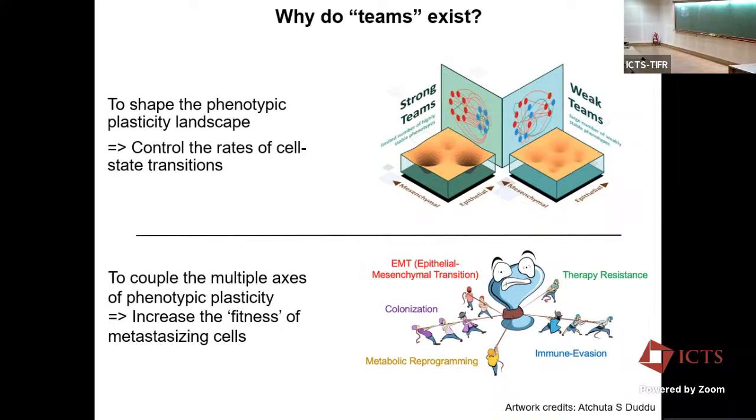So perhaps the presence of teams can, again, tie these properties, so that when you undergo EMT, you already gain drug resistance because of the way the molecules are connected to each other. And that might be a way to increase the fitness of metastasizing cells.